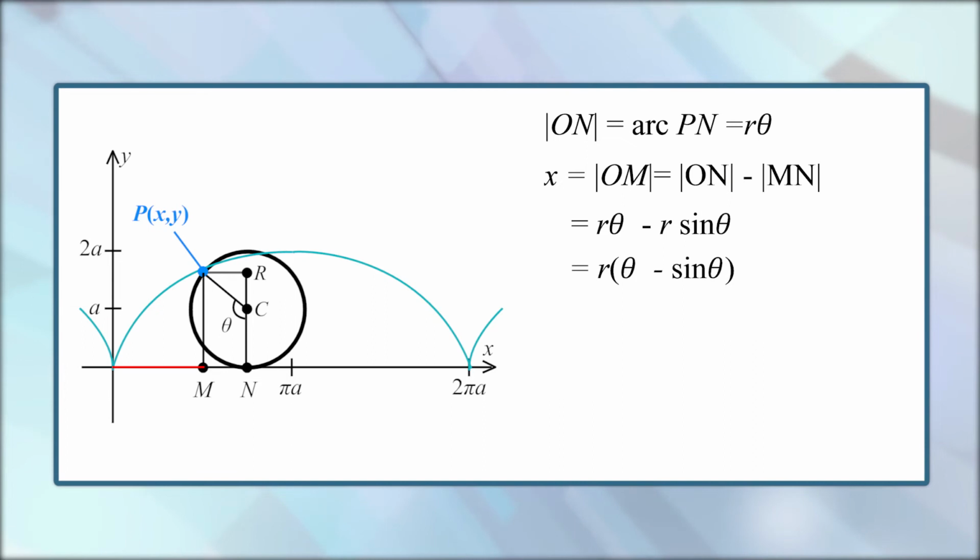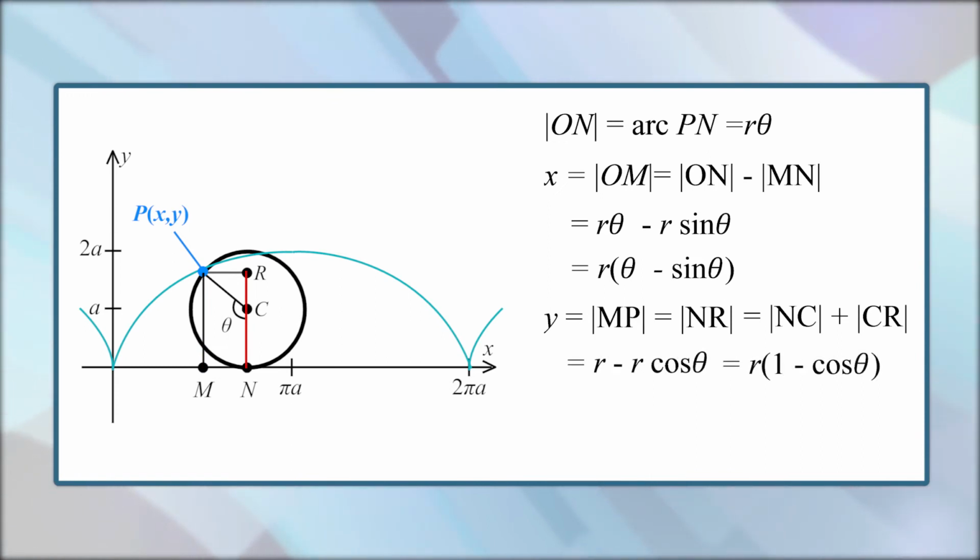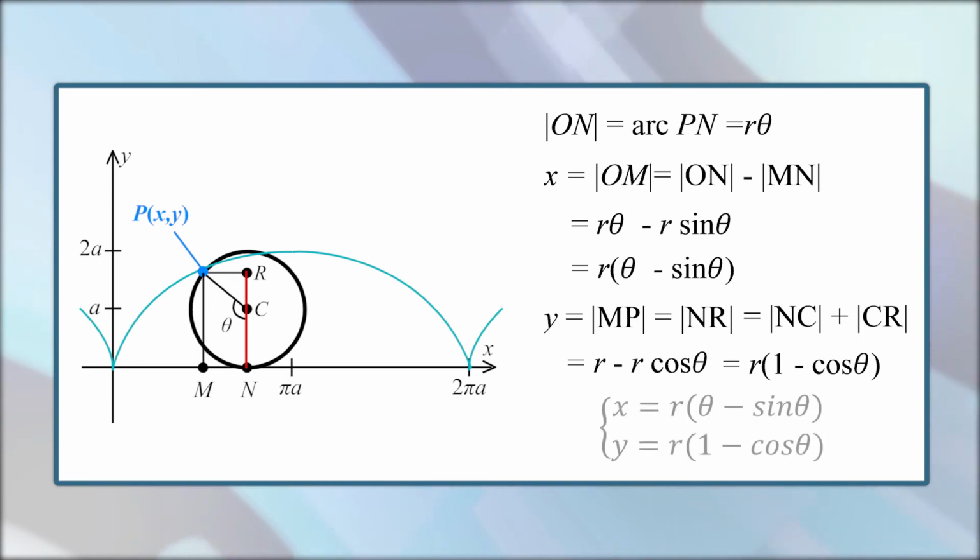And we can find that y is the length of MP, which equals the length of NR, which equals the length of NC plus the length of CR, which equals r minus r cosine theta, which is r times 1 minus cosine theta. Thus, the parametric equations for the cycloid are like this.